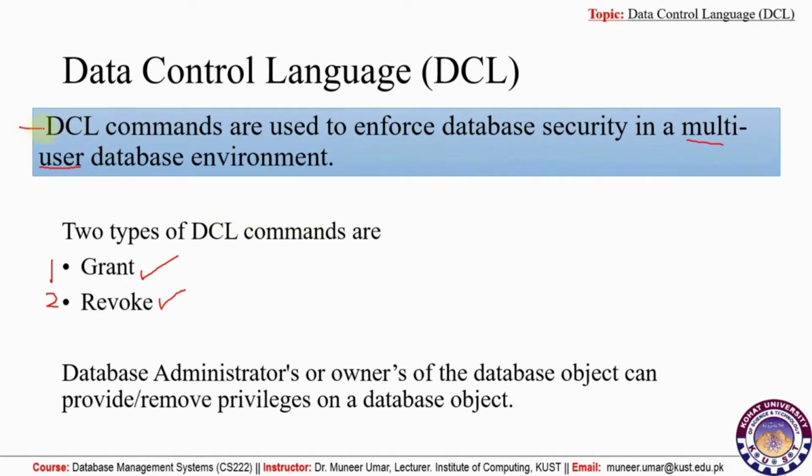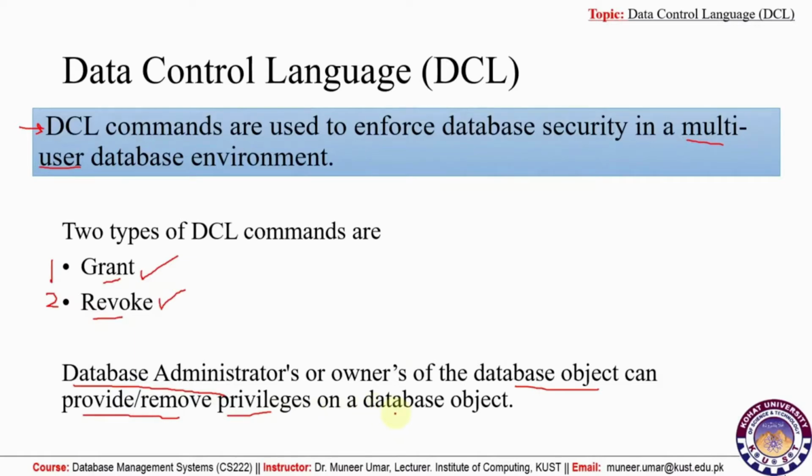So about DCL we have a definition. DCL commands are used to enforce data security in a multi-user database environment. We have two commands, grant and revoke. Actually, the database administrators of the database object can provide or remove privileges on a database object.